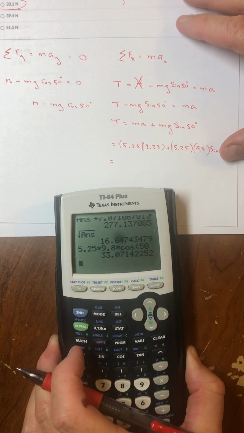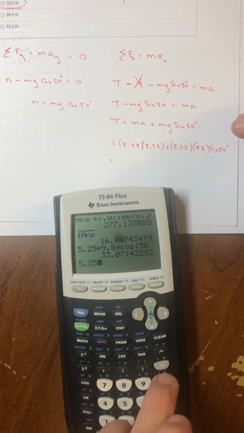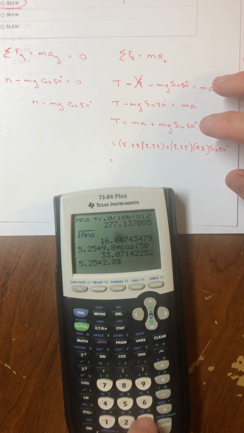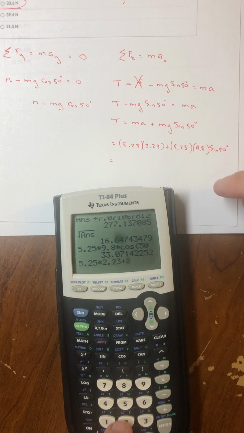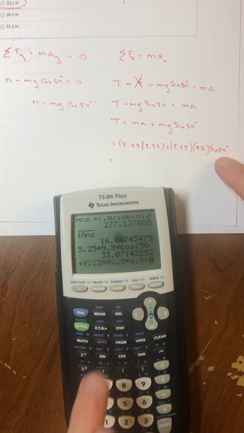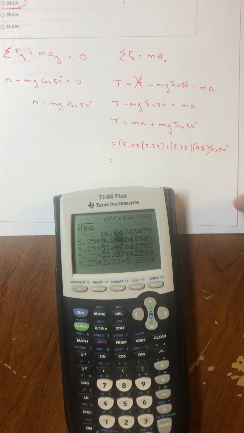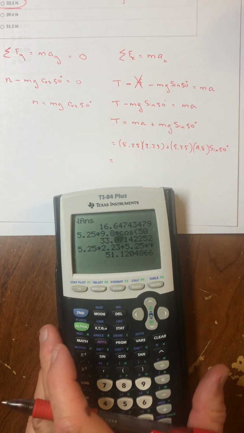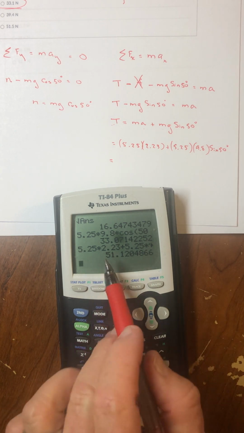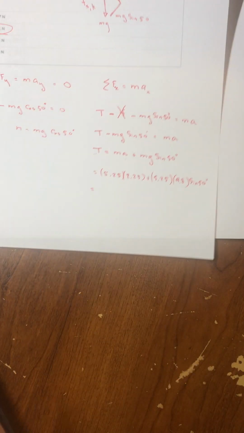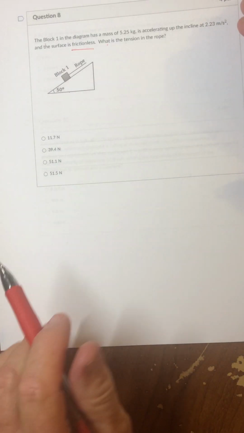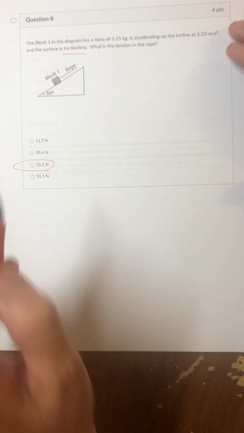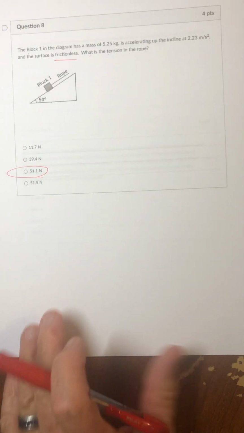And if I put those into my calculator, 5.25 times 2.23, add 5.25 times 9.8 times sine of 50, I get a crazy number of 51.1. And I guess that would be the third one down. Nice.